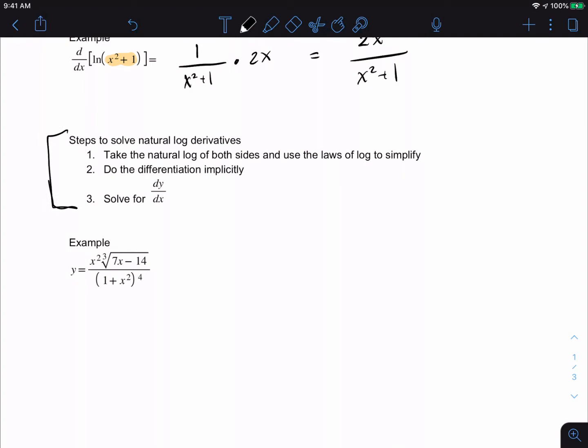These are the steps that you're going to use to be able to solve these problems that I'm about to do. Okay, so we could have done this problem by the quotient rule with a product rule, and it would have been ugly, right? You guys see how ugly this thing could be?